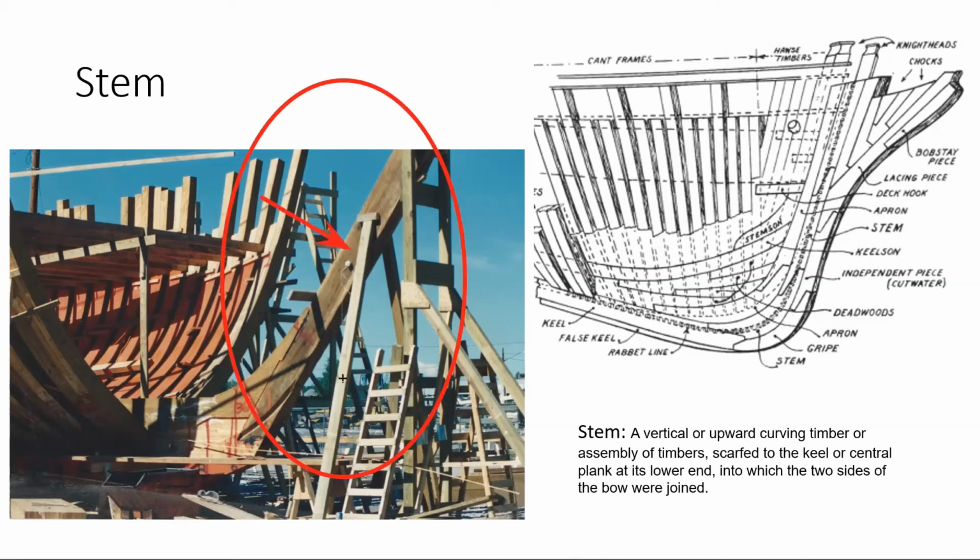This is the stem, and in the drawing it's signified right there. This is at the bow. So the stem is that vertical timber that the bow structure is being built off of.